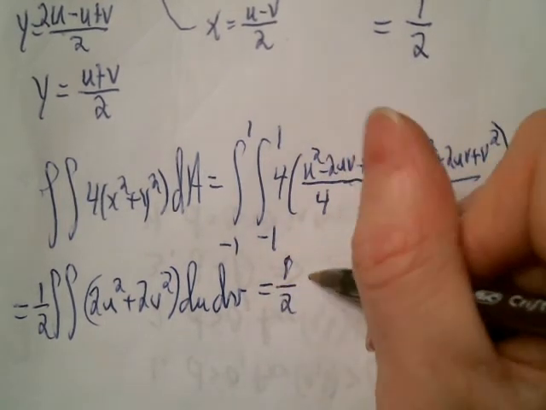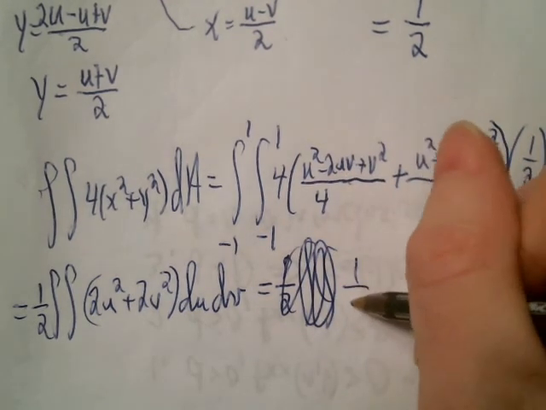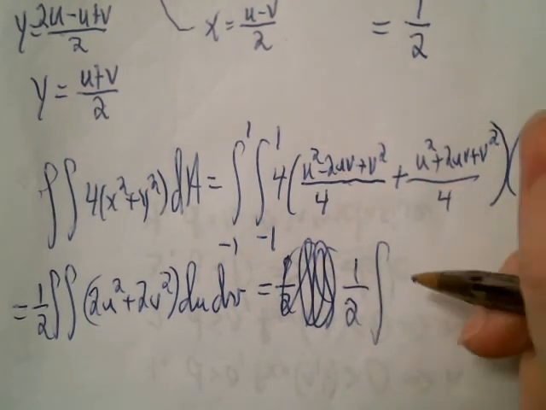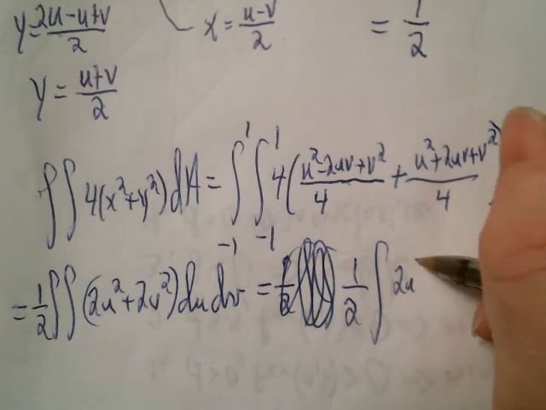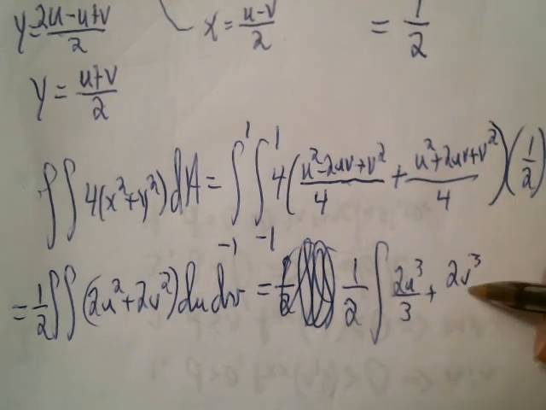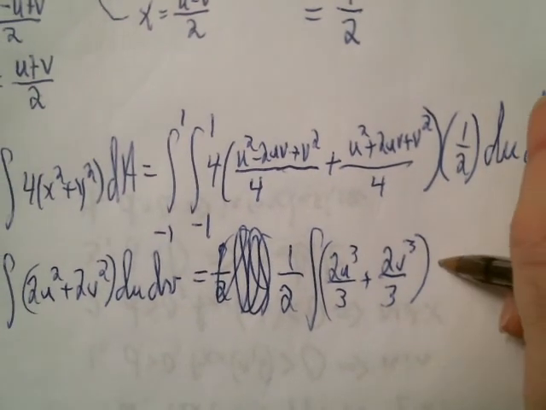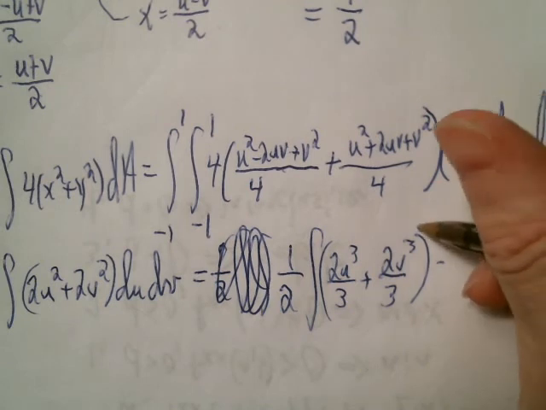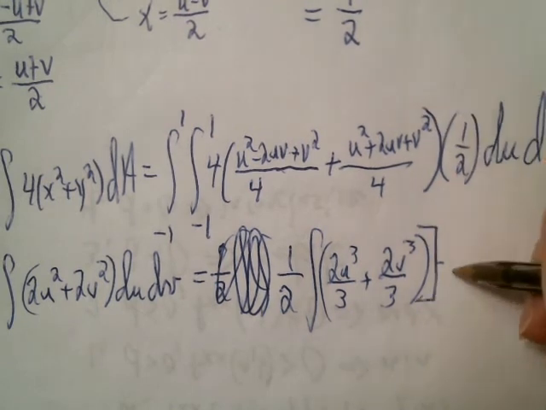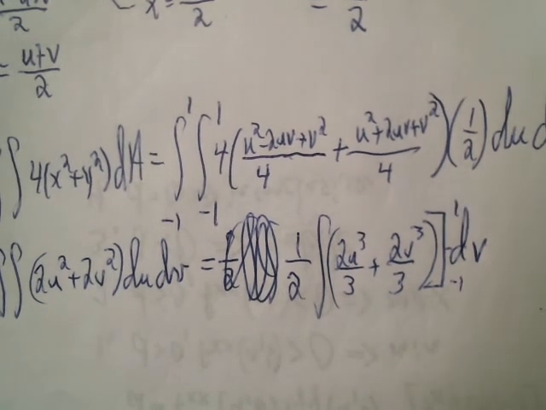So you get 1/2 double integral. Let's go ahead and integrate one level. So 1/2 integral of 2u cubed over 3 plus 2v cubed all over 3, times du dv, and now it's just times dv, and I have to evaluate from -1 to 1.